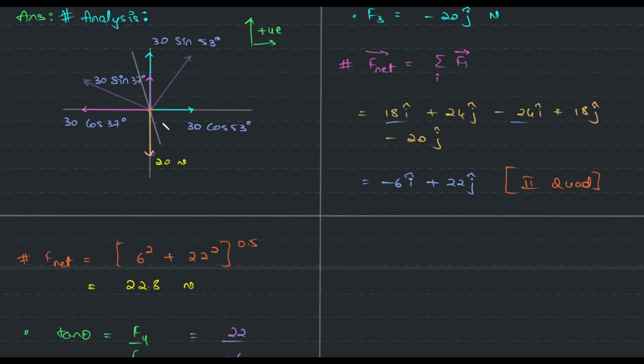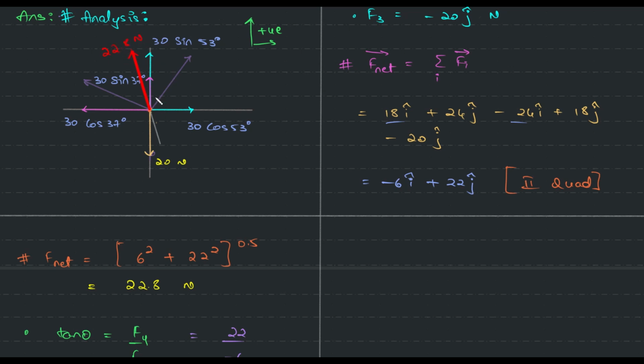But since our force is pointing in the second quadrant, it's over here. So basically it will be something like this. So let me write it with red. So it would be this, guys. Okay, let me write it fat.